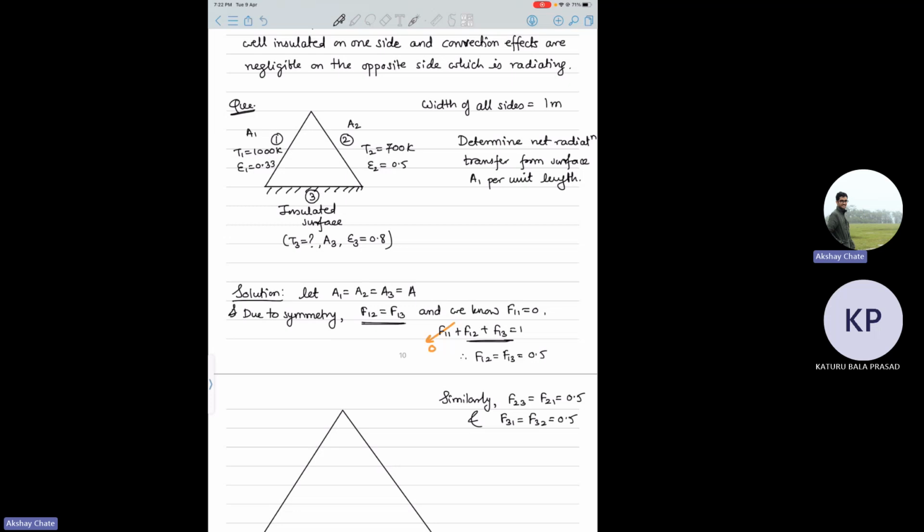If this is not an equilateral triangle, you have to solve it using reciprocity, etc., or maybe using some charts. But here it is a simple solution because it's an equilateral triangle, and geometry-wise, one surface will see 50% of one other surface and 50% of the other.